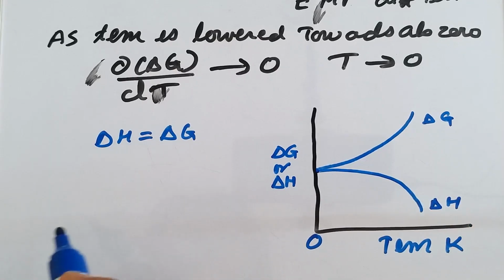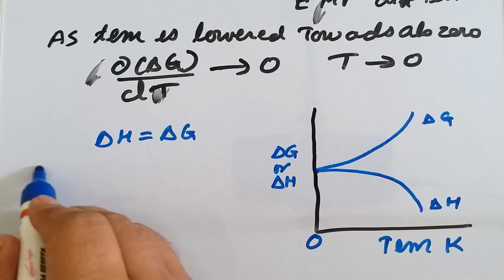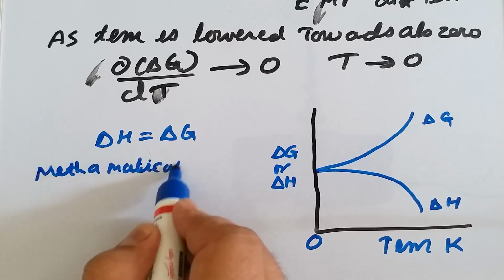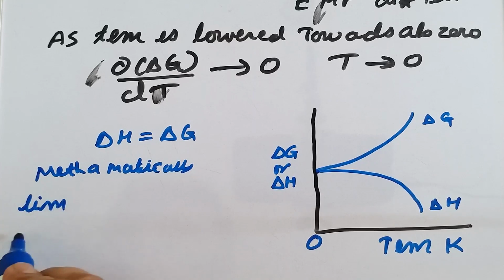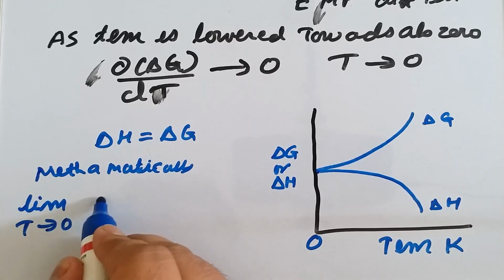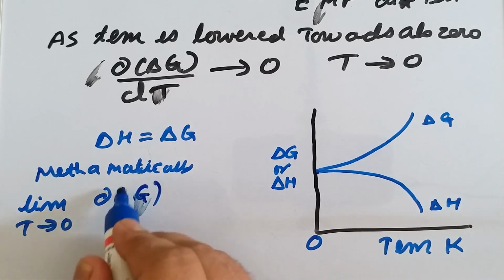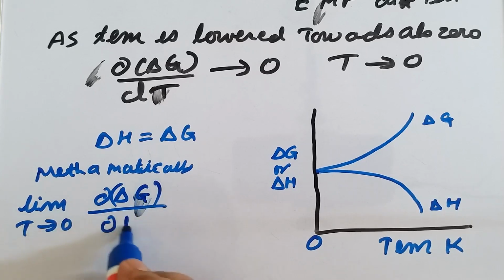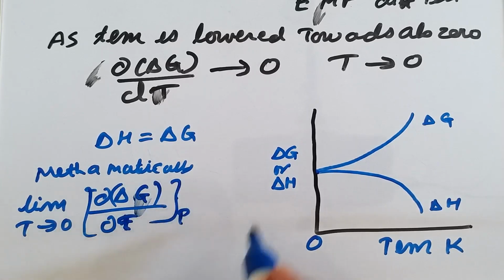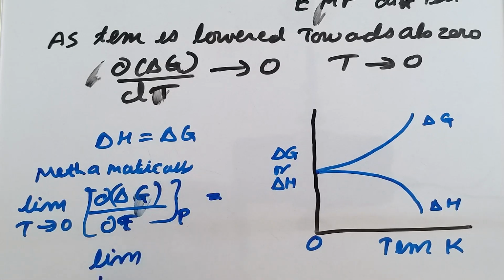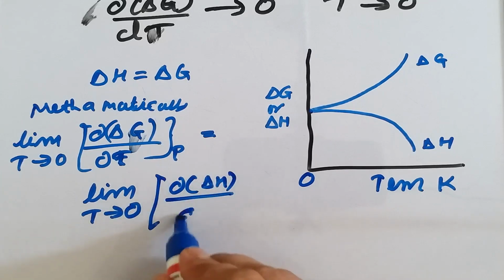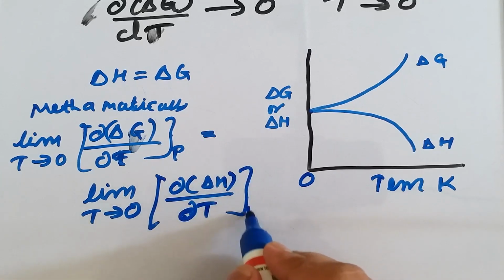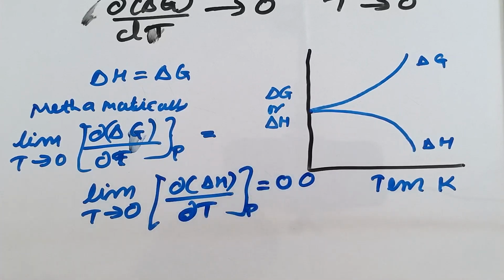So this is our Nernst heat theorem, and mathematically we can write it as the limit of T tends to 0 of d delta G by dT at constant P, equal to the limit of T tends to 0 of d delta H by dT at constant pressure, and that is equal to 0.